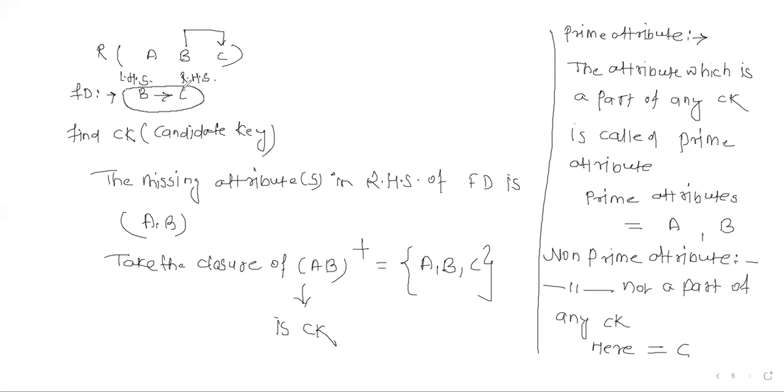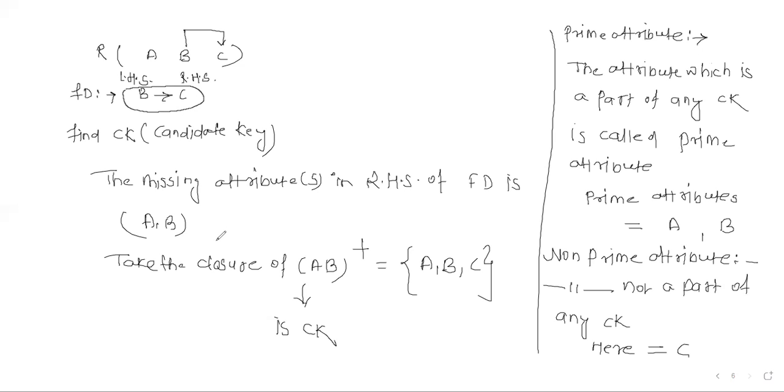I'm repeating, C is a non-prime attribute and it is partially dependent on a subset of the candidate key. Meaning AB is a candidate key, B is not a candidate key, but B is a prime attribute. So non-prime attribute C is partially dependent on B, which is not correct.